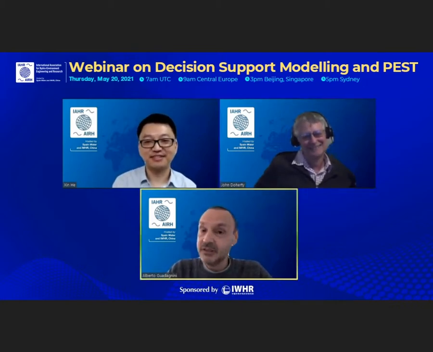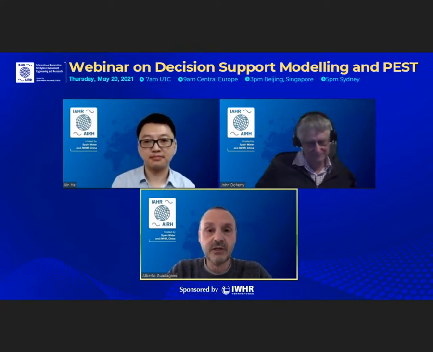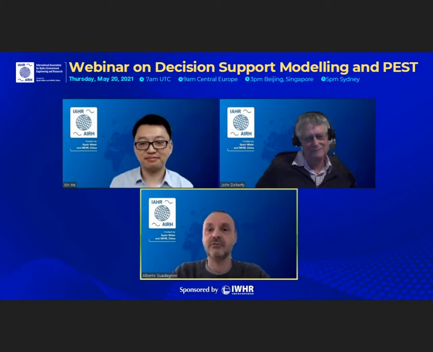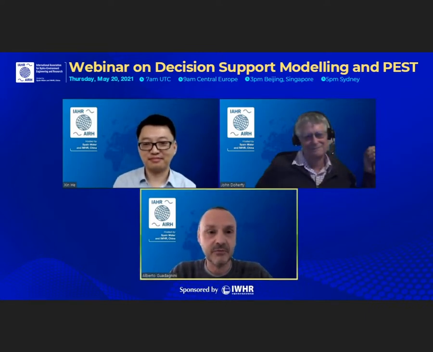And I couldn't agree more. Also the concept of uncertainty quantification targeted to a given objective, which can change depending on the objective and on the scope of the practical engineering and environmental application. So all in all, from a personal standpoint, I consider this webinar a huge success, and thank you, John, for being here. Thank you. And thanks to all the audience. It was a pleasure for me to be here.